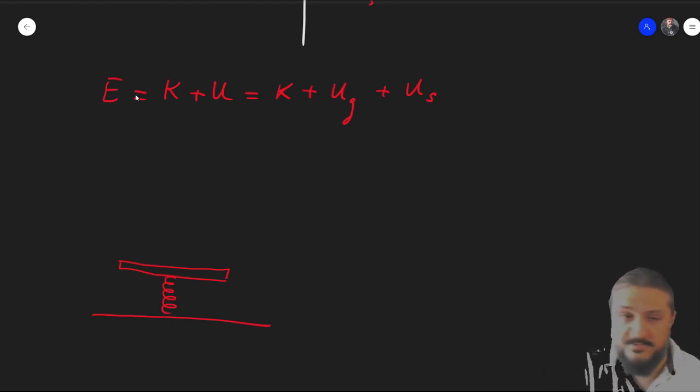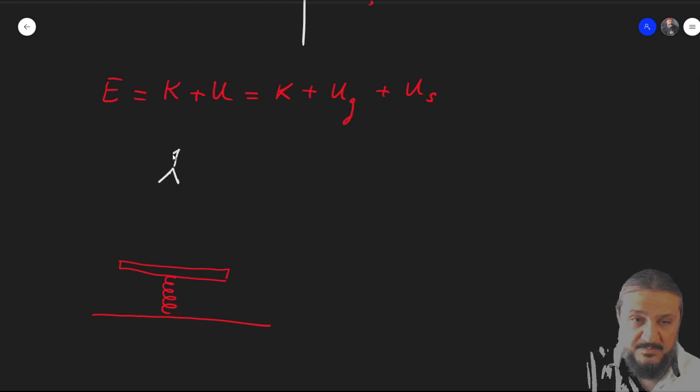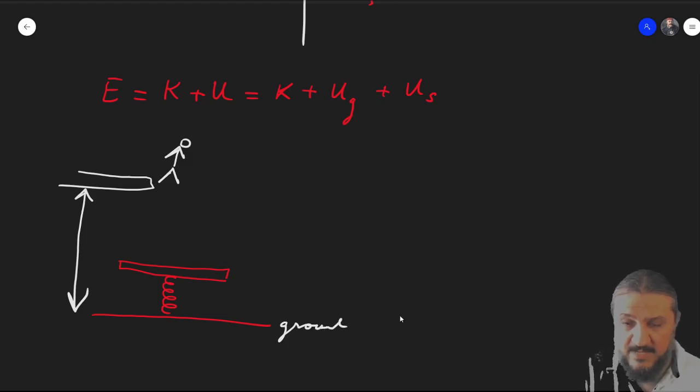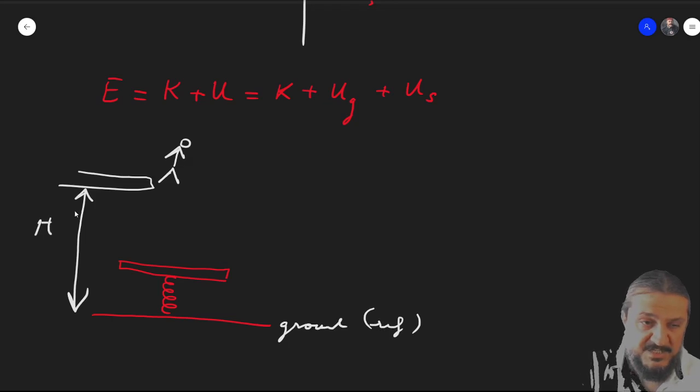And you jump on it, okay? So here's you. You jump from some height, and then you end up here. So let's say this is the ground level. Ground is your reference, and you are at height H above your reference, and the platform here is at little h.